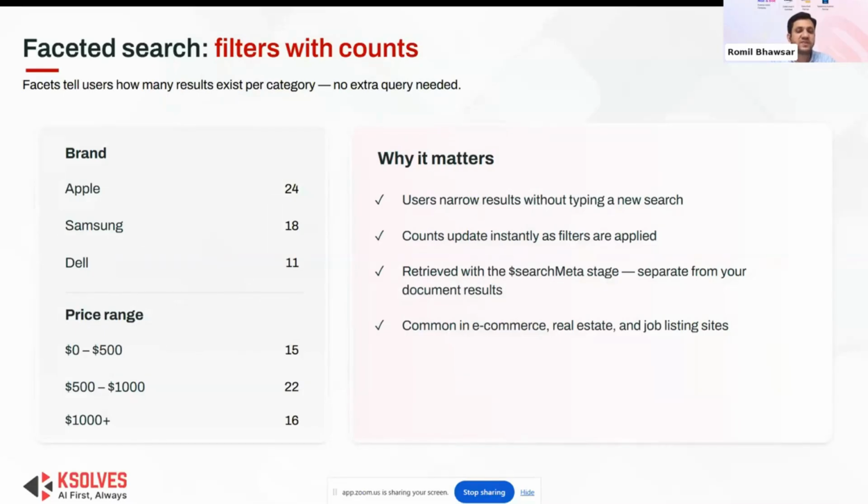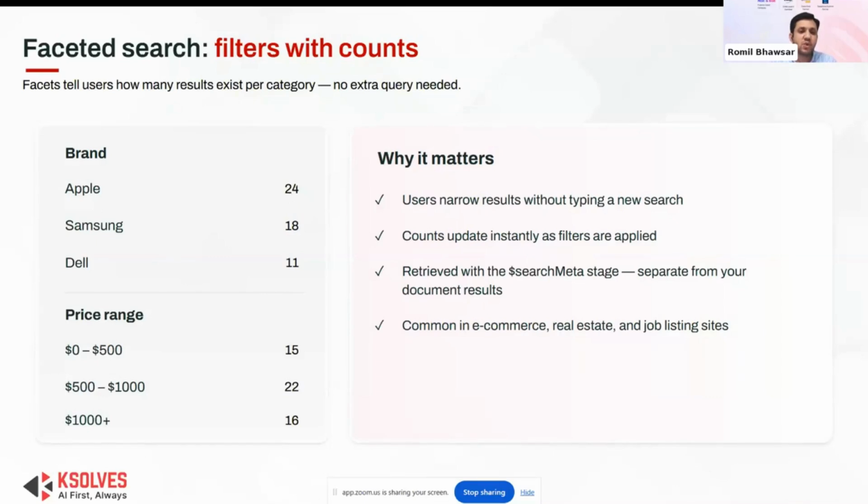Let's see faceted search. Faceted search is used to get the result count with the matches. Please mind this filter sidebar. These numbers show how many records are there inside a particular brand or category. We retrieve these numbers using faceted search, or the search meta stage.